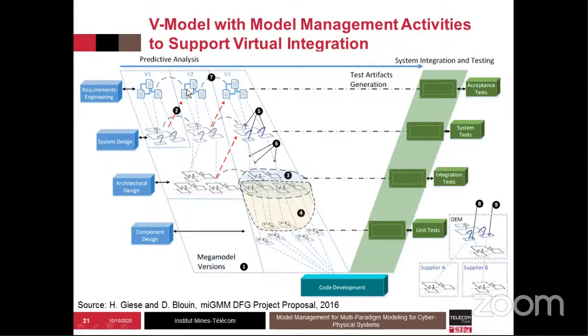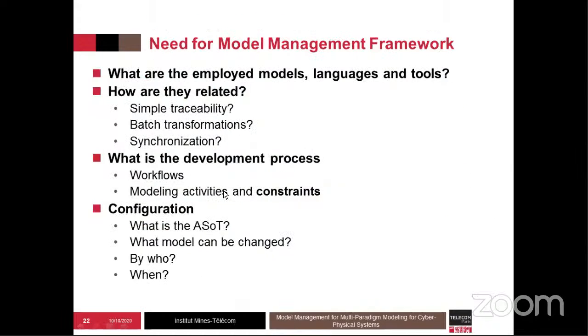Then you may change your requirements, and do design again, etc. So that means you also have to manage not only all these models at the different levels of abstraction and different domains, but also maybe different versions of these models that you want to be able to store and remember. So as you can see, in model management there are a lot of things that you need to capture. First, the models you use, their links, and also the different versions that you may be using.